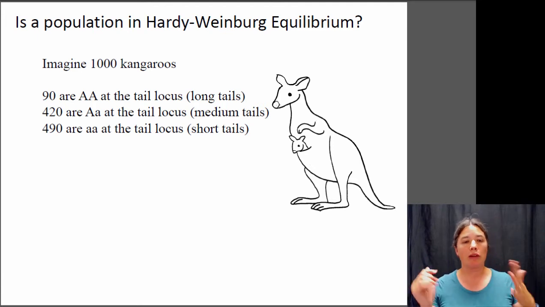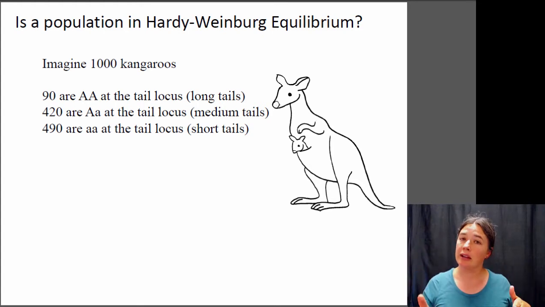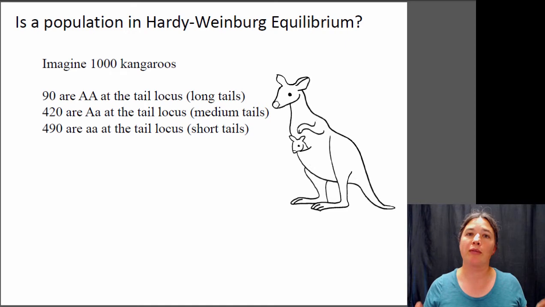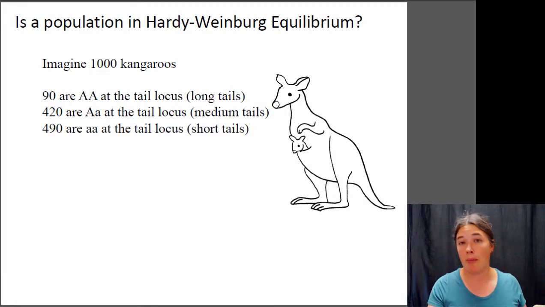So if we look at our population, the first thing we want to do is calculate our observed frequencies of these different genotypes within the population. So observed genotype frequencies. That basically means we look at the population, we observe how many there are of each of these things, and then we calculate the frequency.